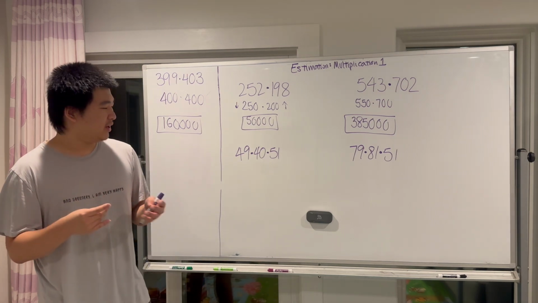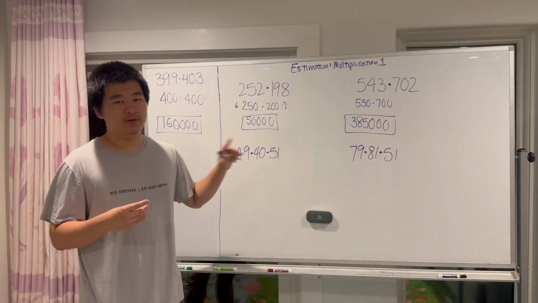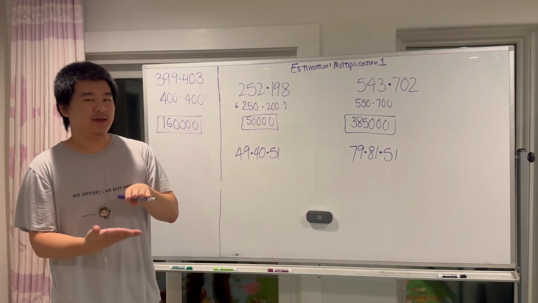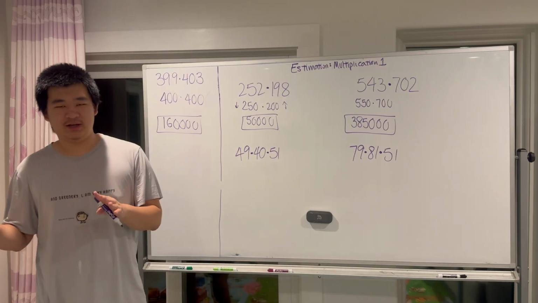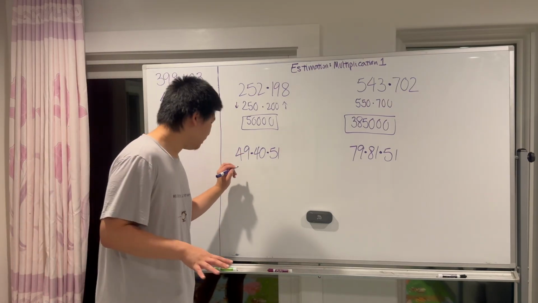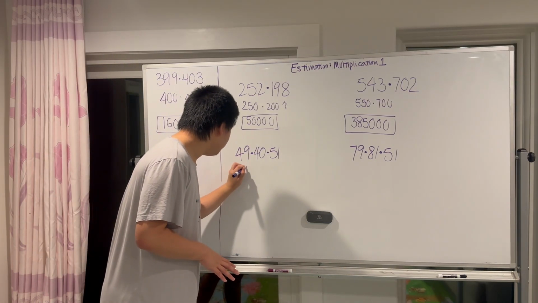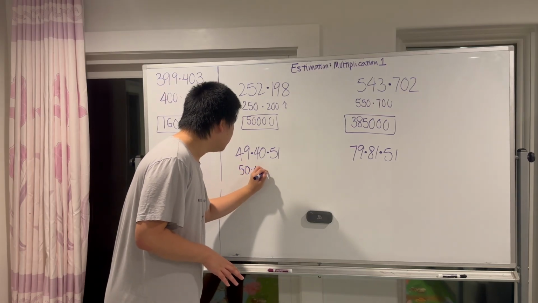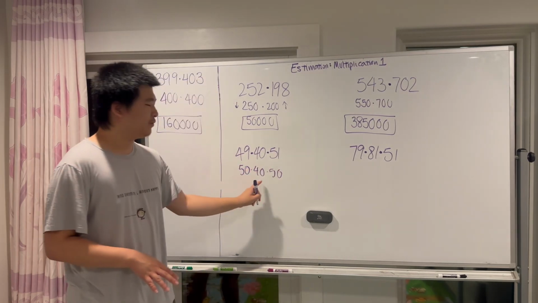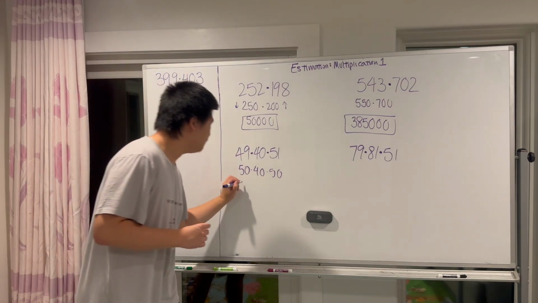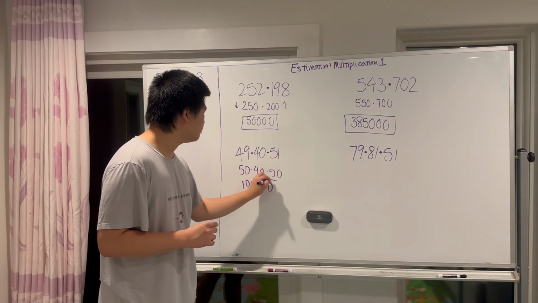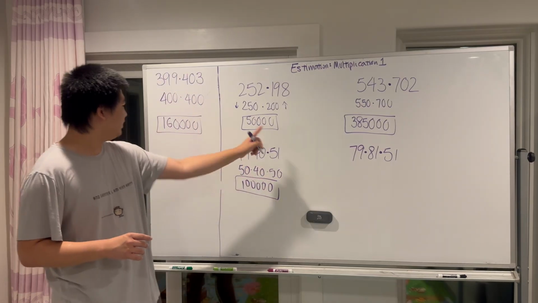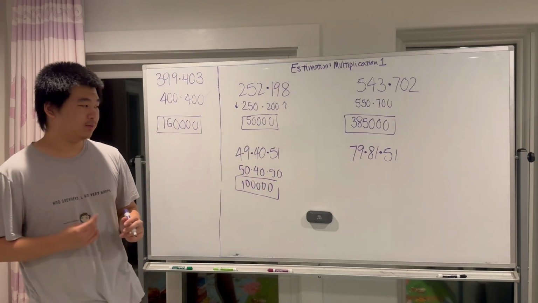And once again, we're going to round 49 up and round 51 down, which is going to make the error virtually zero. In fact, the error here is like 0.04% or something like that. So pretty much nothing. So we're going to write 50 times 40 times 50. 5 times 4 times 5, that's 100, with 1, 2, 3 zeros at the end. We're getting some pretty nice numbers over here, and that is the intent of these problems.